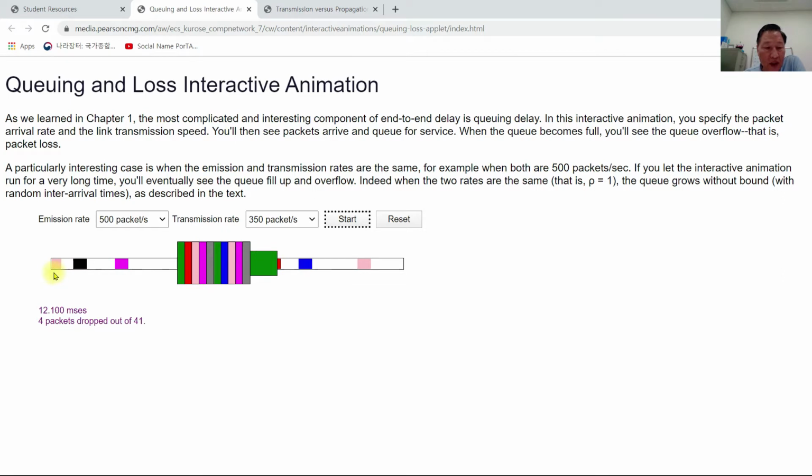That means packets arrive stochastically, or statistically randomly. Whenever you simulate or emulate this, the first dropping time may change. Okay, you can start again later.